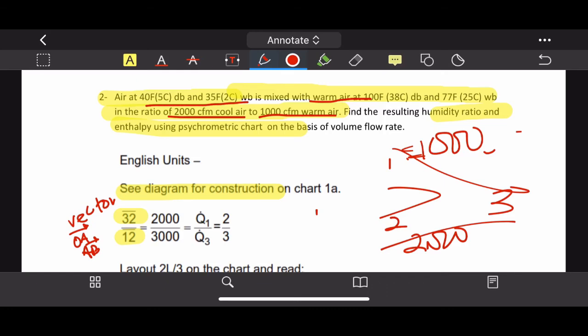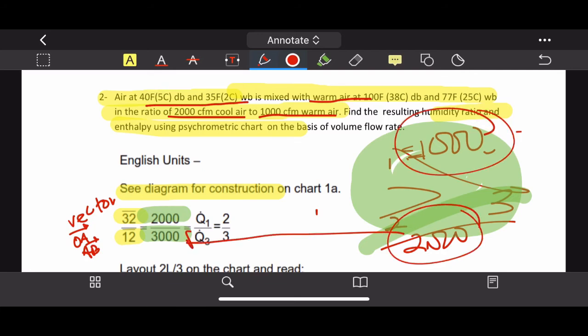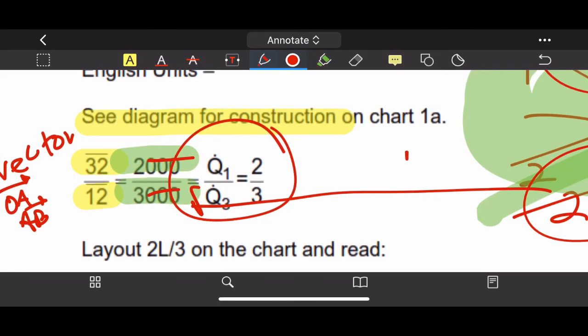So here it says 3 to 2 is 2000, and 1 to 2, that means the whole bunch of this, is 3000. That's true because 1000 plus 2000 is 3000. So we can cancel all of this. You will get Q2 divided by Q3 equals 2 divided by 3.